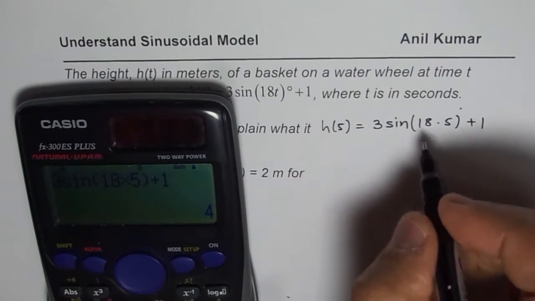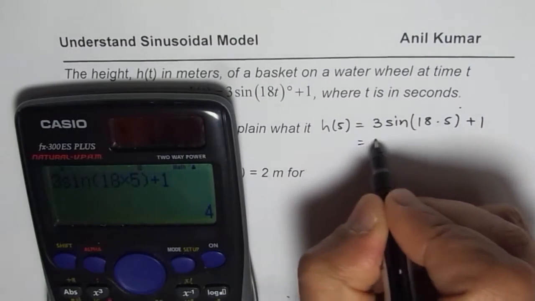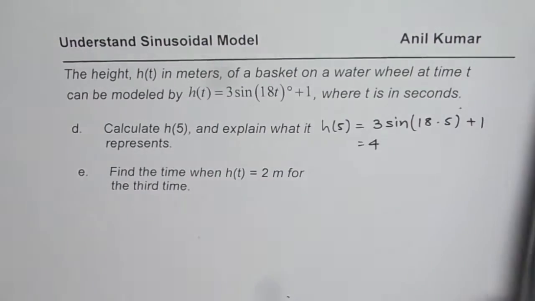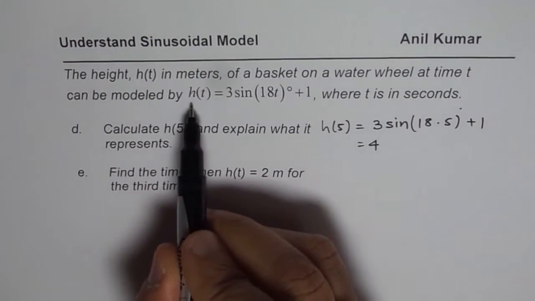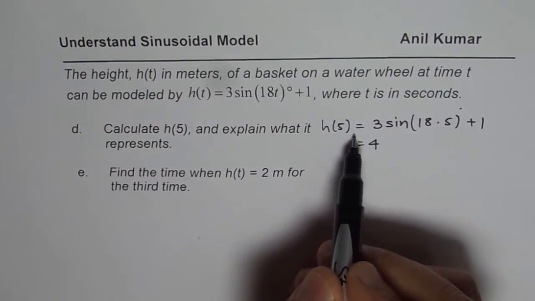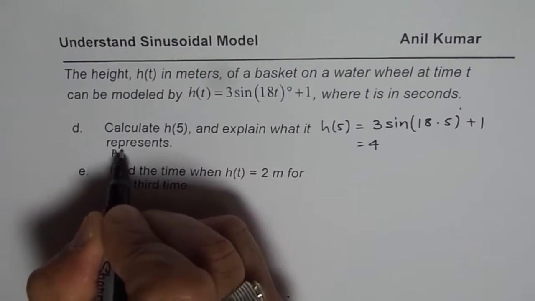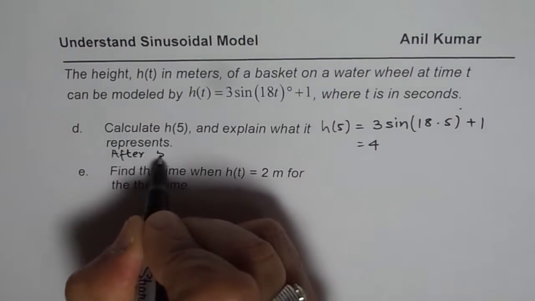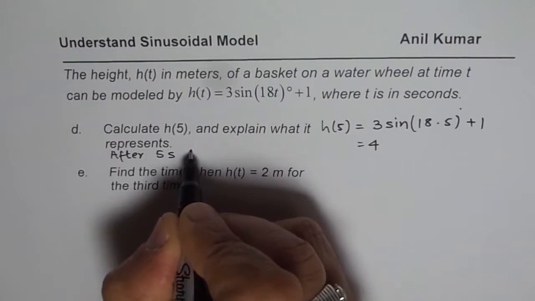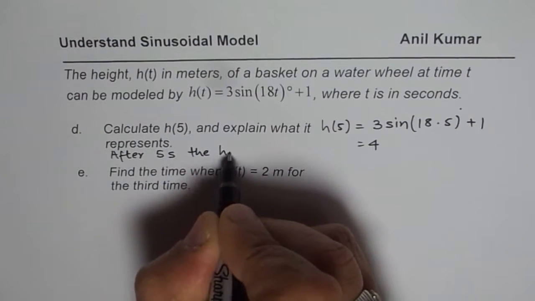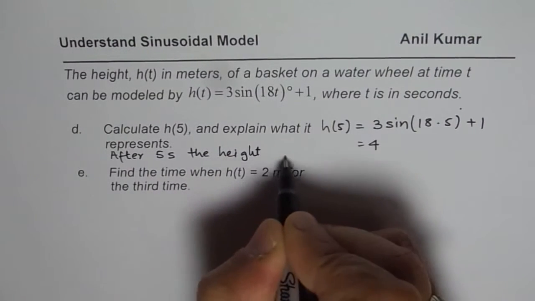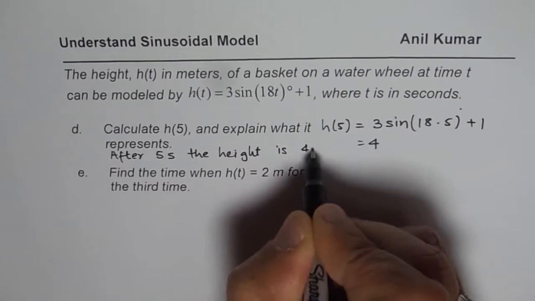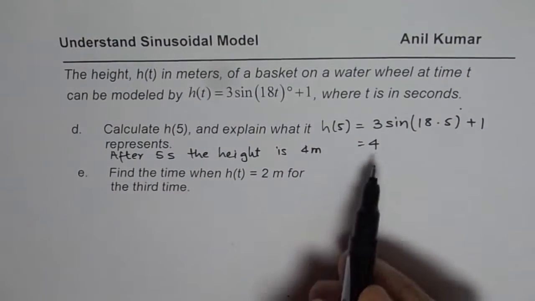So we get a value which is equal to 4. So it really means that after 5 seconds, the height is 4 meters, correct? That is what it means.